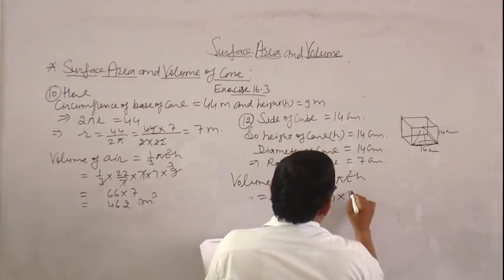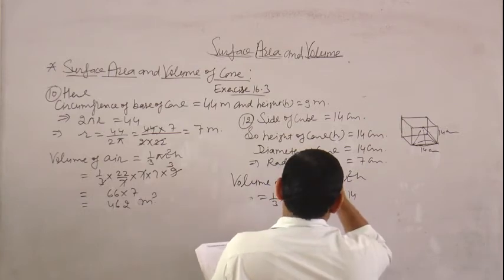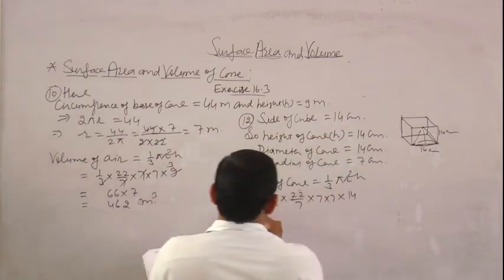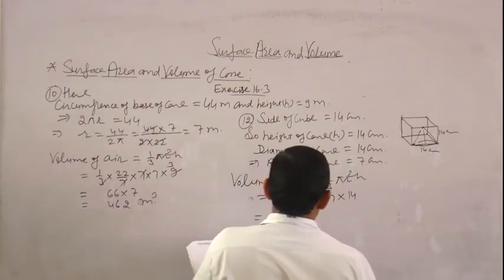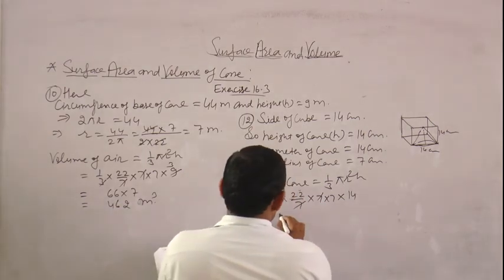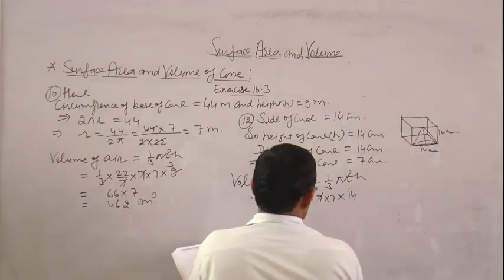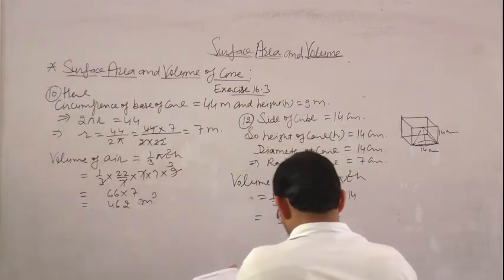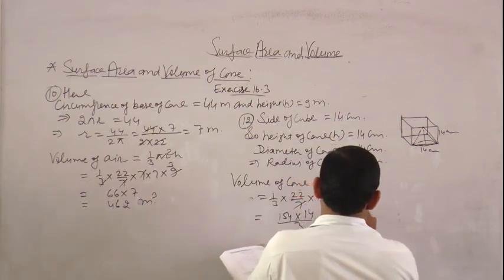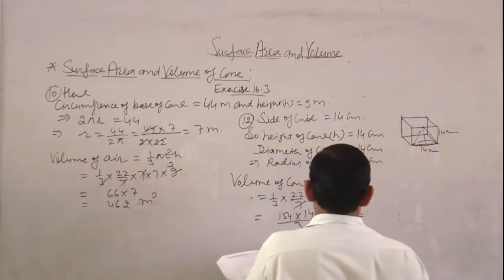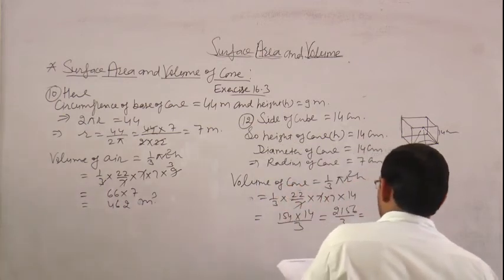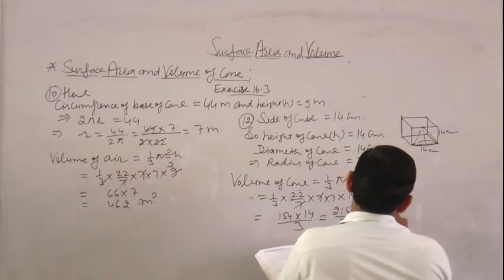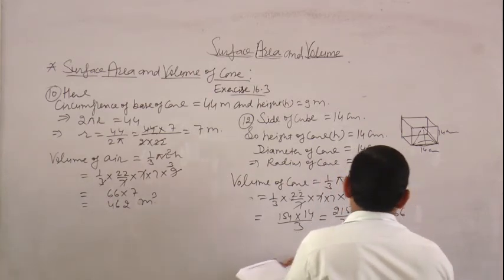Height of cube is 14 centimeter. 7 cancelled by 7, that is 22 sevens are 154, multiply 14/3 is equal to 2156/3. 154 multiply 14 is 2156, divided by 3 is equal to 718.666.